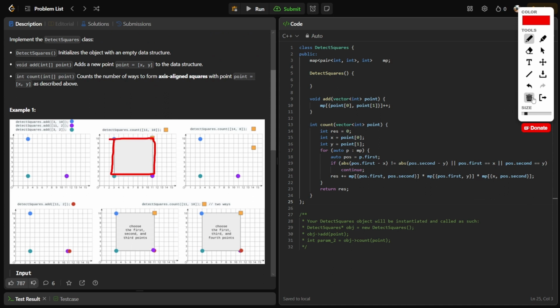So 4 sides have to be the same length. Based on this observation of it being a square, we can start from the query point.